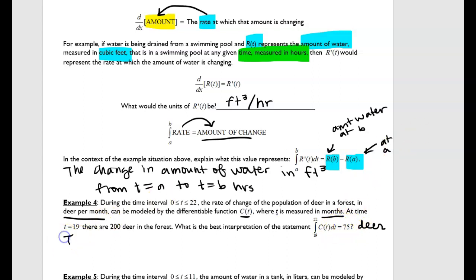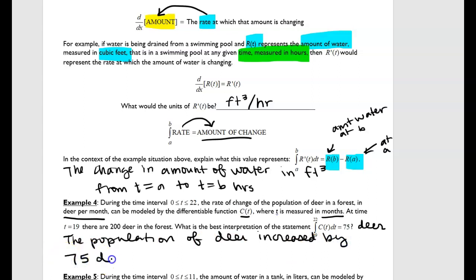So I can say the population of deer increased by 75 deer. And then don't forget your time, from t equals 19 to t equals 22 months.